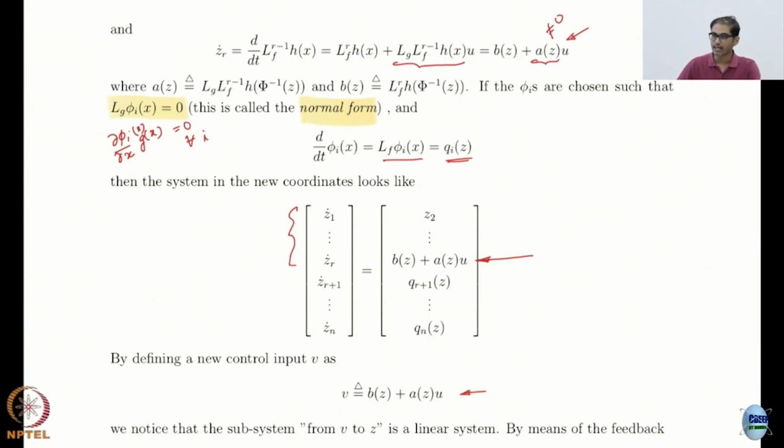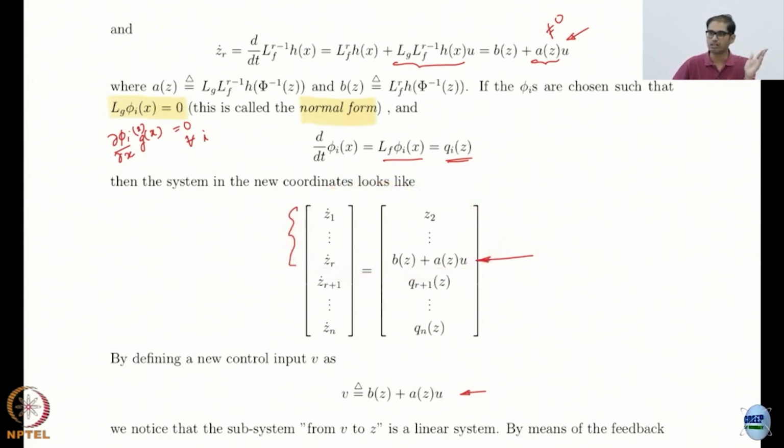Therefore I can do this assignment. From V I can compute U, no problem, there is no singularity issue because A is non-zero by my relative degree assumption. Therefore I just have a chain of integrators here. So this is the partial linearization that we have achieved.